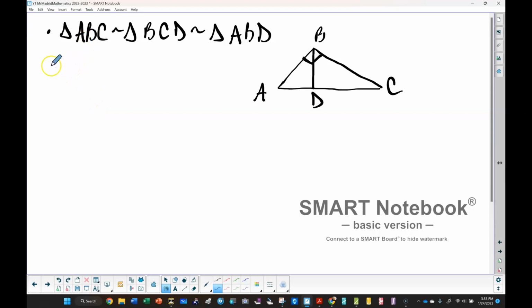So what else can be said? The use of these right triangles allows us to use something you should have learned, geometric means. If you don't remember that or weren't taught it, here's basically what a geometric mean is.